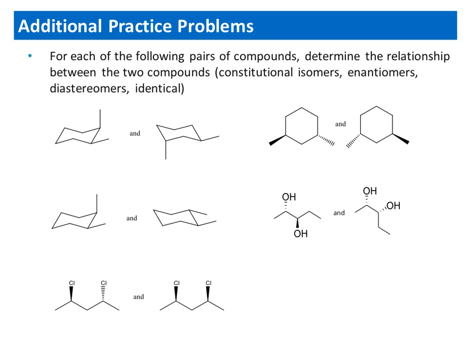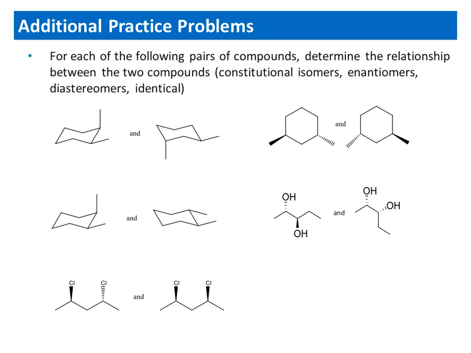More practice problems. Let's look at these molecules and determine their relationships. Are they constitutional isomers, enantiomers, diastereomers, or identical? To answer these types of questions, you first need to check whether the molecules have the same molecular formula. If they do, you need to check the connectivity. Do they have the same connectivity?